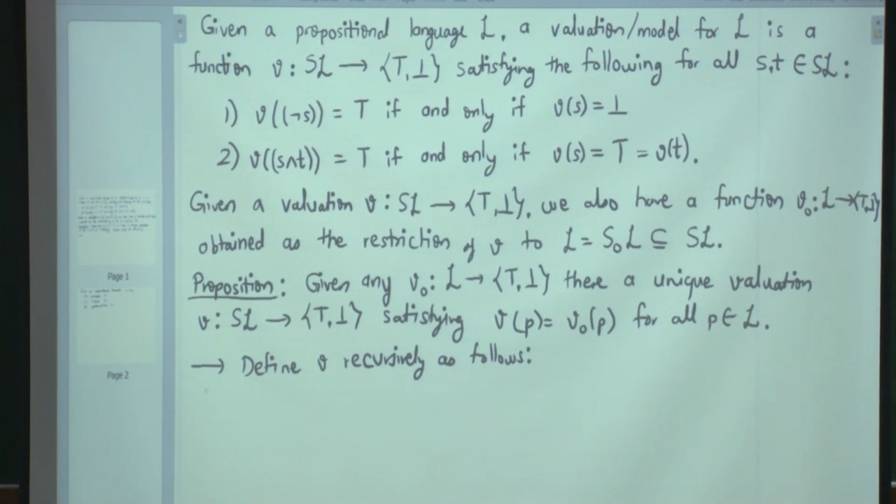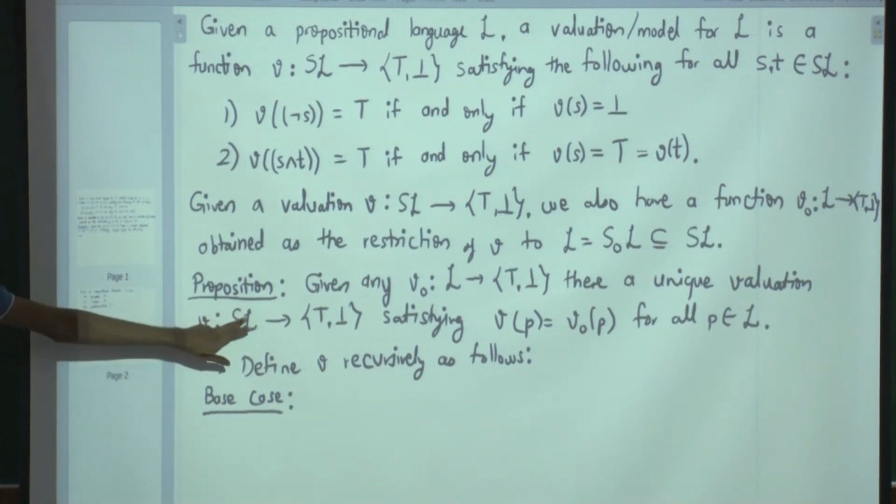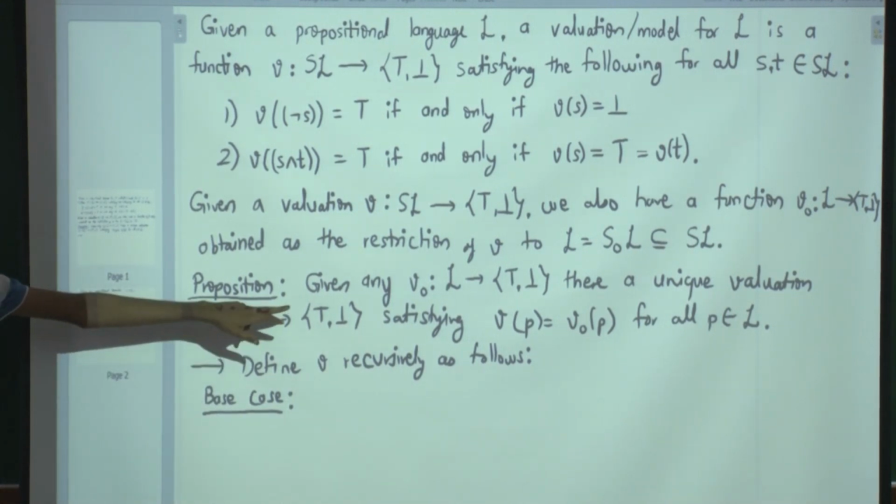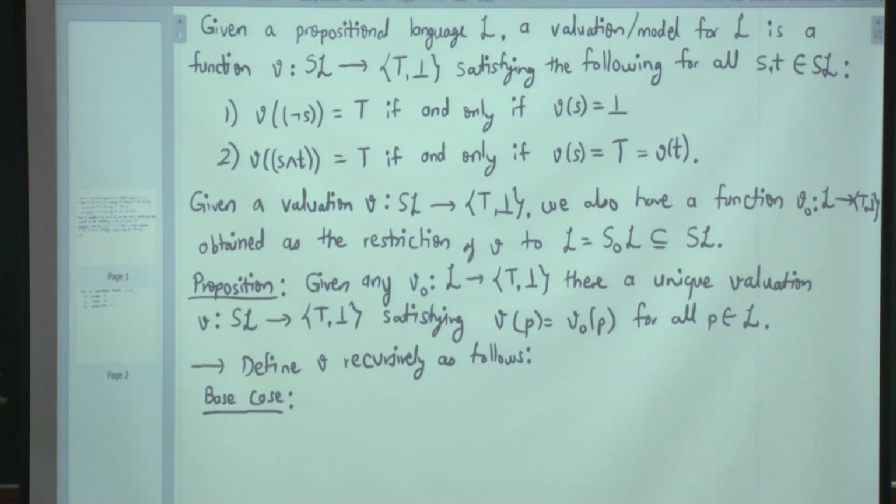The first one, the base case: we just have to take care of this particular property. What is the property? Vp is equal to V0p. So in the base case we define Vp equal to V0p for any P in L. That's where we had to start.